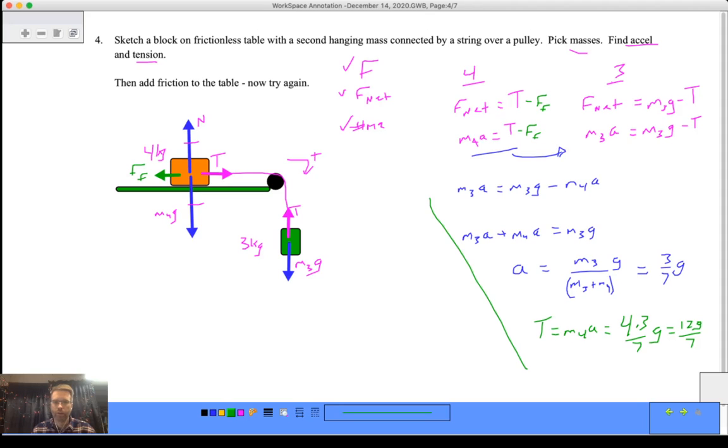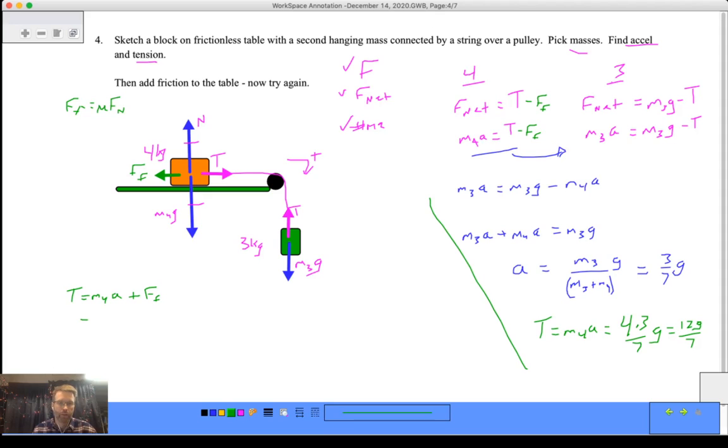So here, if I rearrange equation 4, I get T equals m4a plus the force of friction now. And I have the other equation just like it is. I'm going to leave it alone. I'm going to replace Ff with mu Fn, because that's hopefully a fairly familiar idea by now, the coefficient times the normal force. But we know the normal force is equal to m4g.